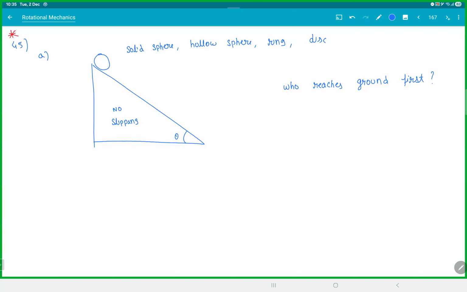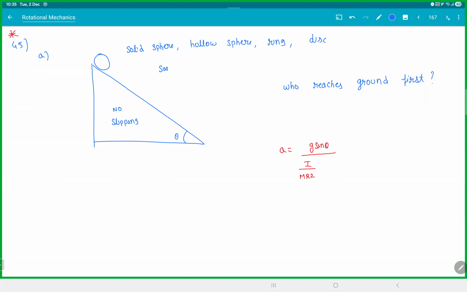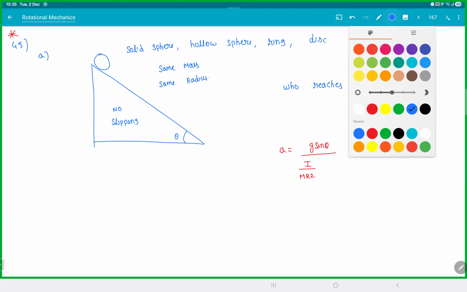Who reaches first? Just now we calculated the acceleration, isn't it? A is equal to g sine theta over 1 plus I by mr square, so numerator is same for all. Maybe I should have said all have same mass and same radius. It won't matter, but should be.